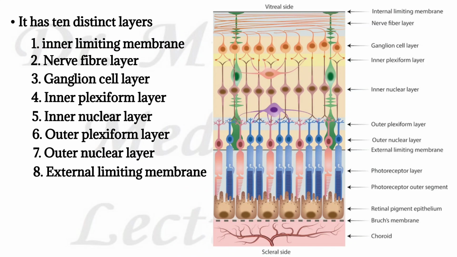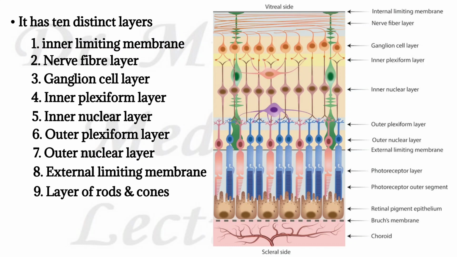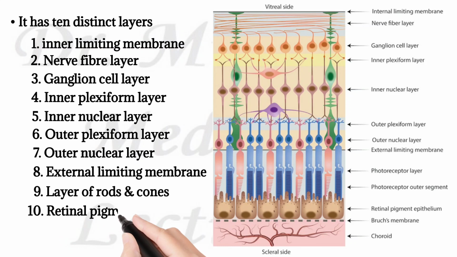Then next is the layer of rods and cones. In this layer, the light-sensitive portions of rods and cones are arranged in parallel fashion and they are arranged perpendicular to the inner surface of the eyeball. Then last is the layer of pigment epithelium.